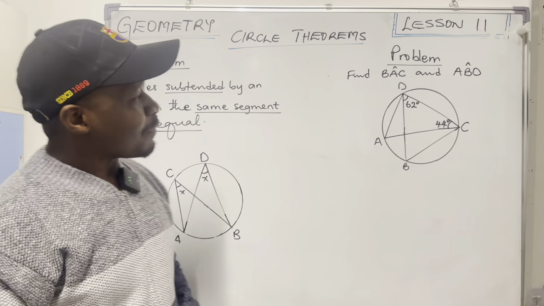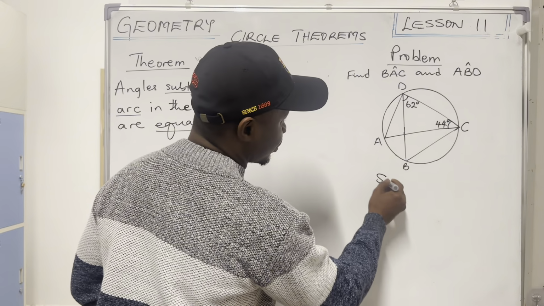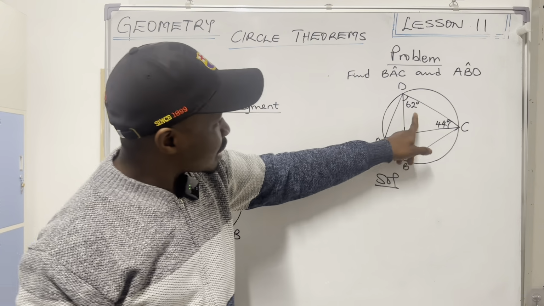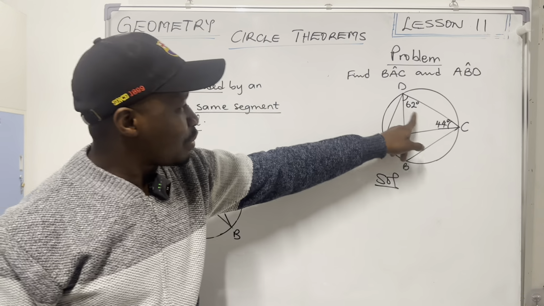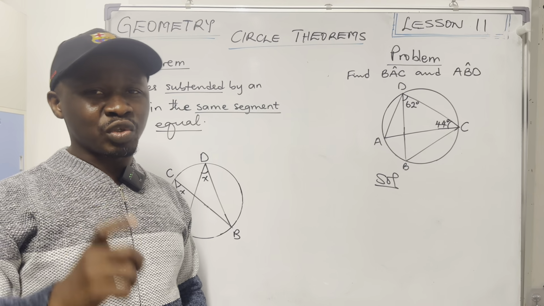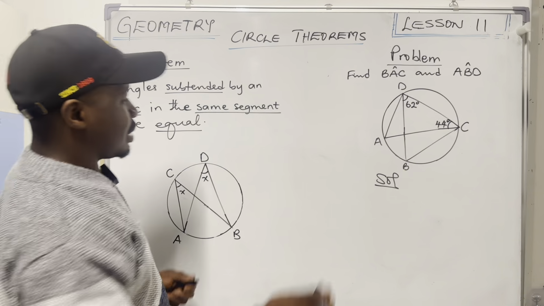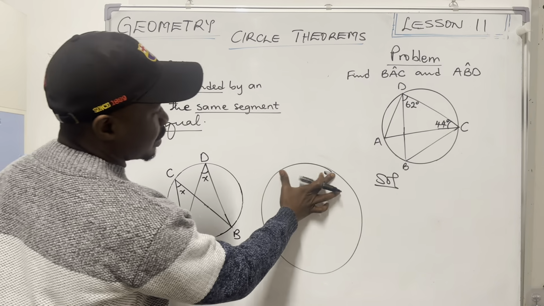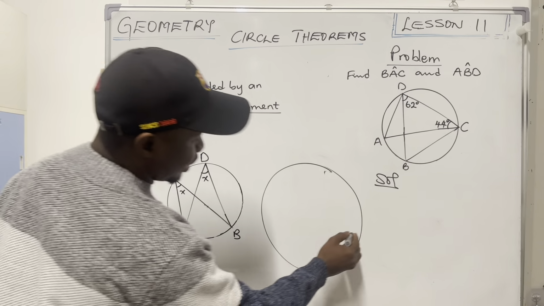So let's see here. We have this circle here, and we are given 62 degrees and 44 degrees. But the thing is, try to understand the angles you want to find. Now let me have the diagram here.